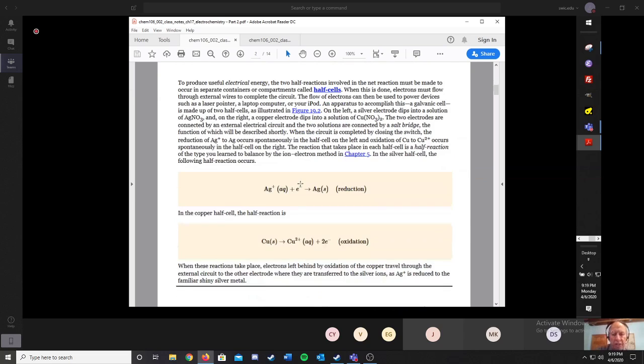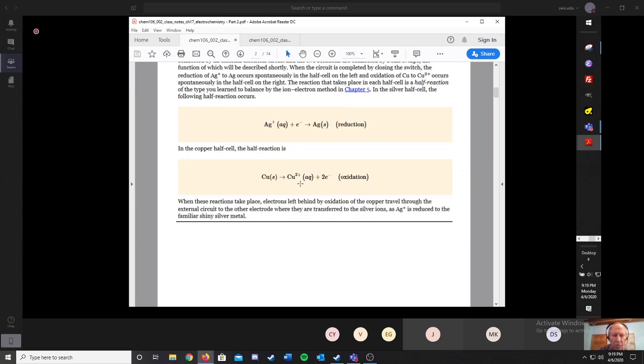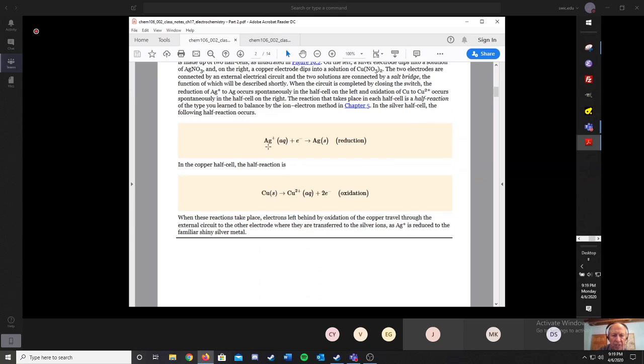So this reaction can be divided into two half cells. In one half cell we have silver, and in the other half cell we have copper. In silver's half cell we have reduction because silver gets its electron back and becomes solid again. And in the other cell, the copper becomes oxidized and loses its electrons.